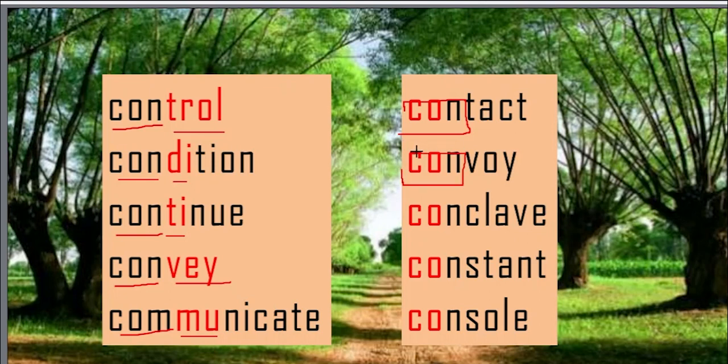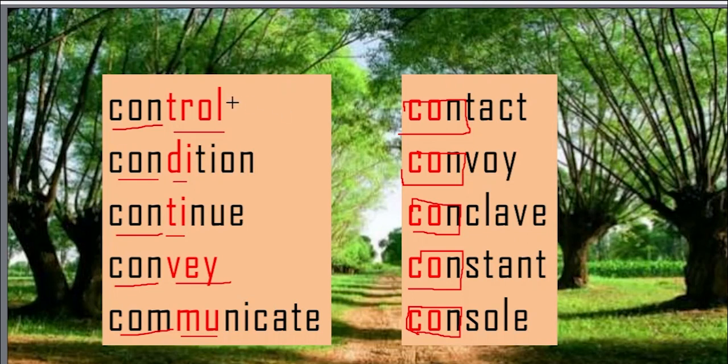Here, it falls on the first part: contact, conclave, constant, console. So here, the letter N also should be red in color. The accent falls on the CON part, the first syllable. So when the accent falls on this one, we say contact, convoy, conclave, constant, and console.